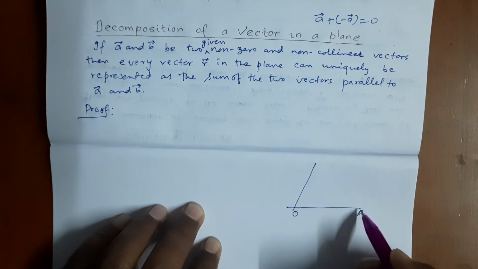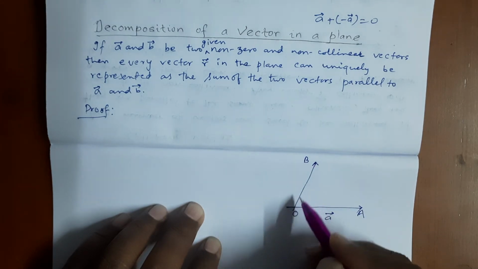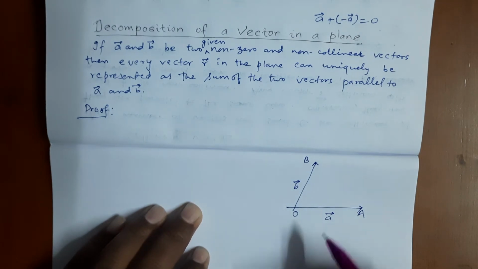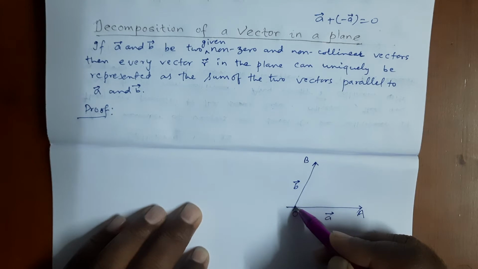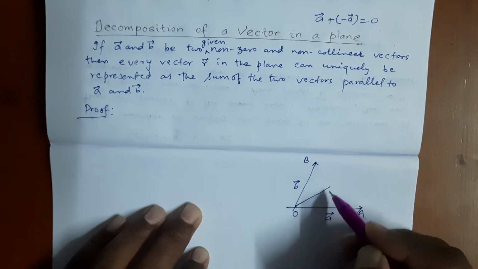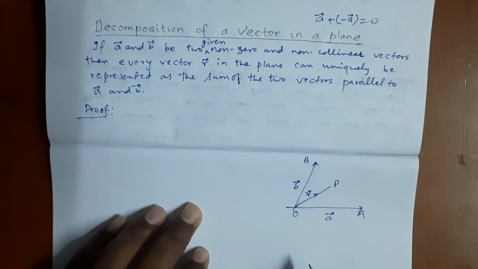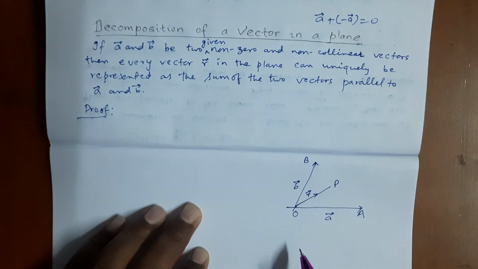Let OA be vector A and OB be vector B, and let OP equal vector R in the plane of vector A and vector B.